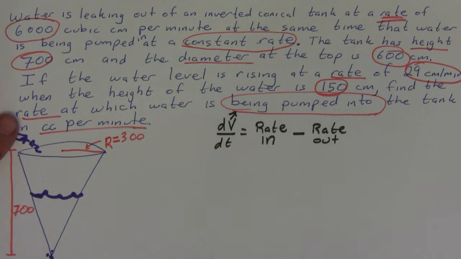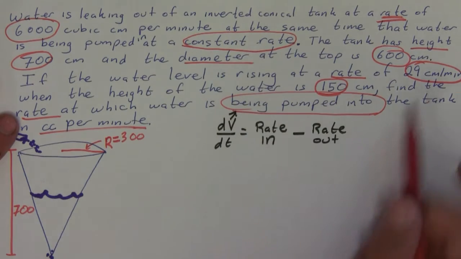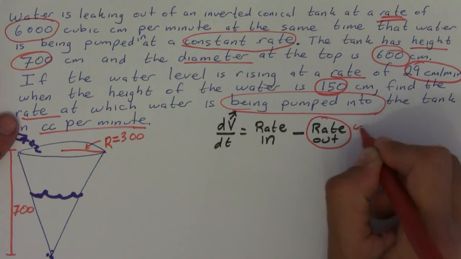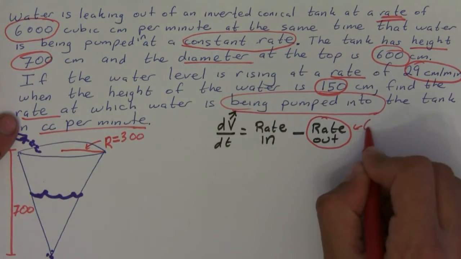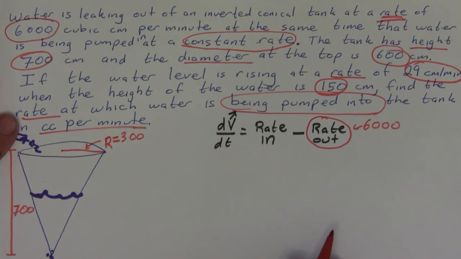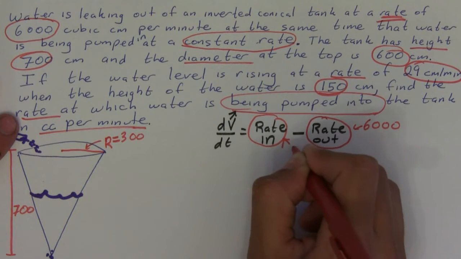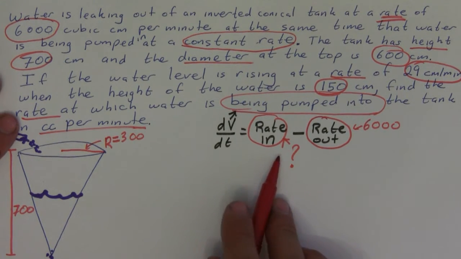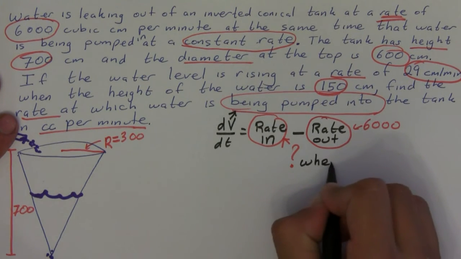We know that the rate at which it's going out is 6,000 cubic centimeters per minute. And the rate at which it's going in, this is what we're looking for, at a particular point in time.